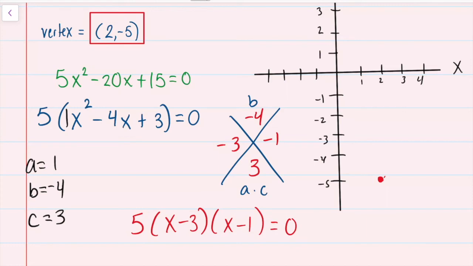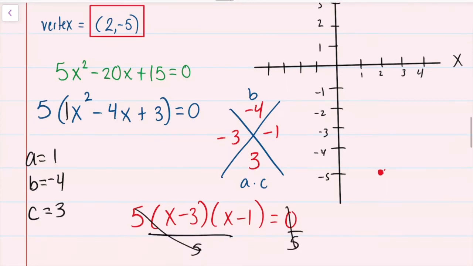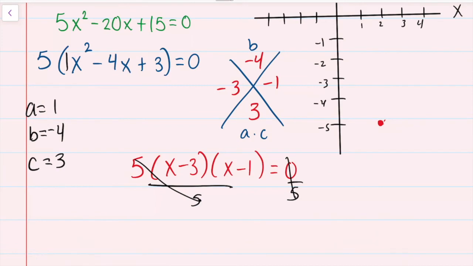Can we solve for x then? Let's divide the whole thing by 5, so that cancels out. We're left with (x minus 3)(x minus 1) equals 0. So what are my two possible choices, guys?